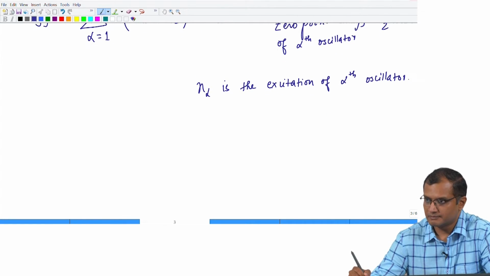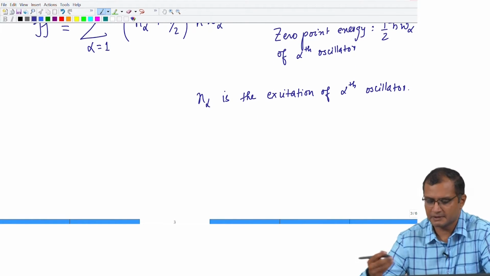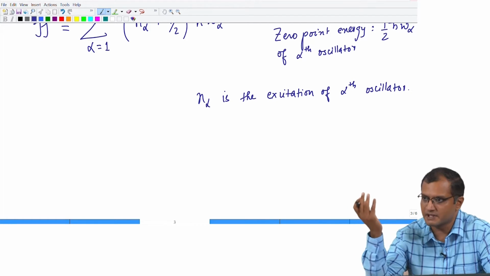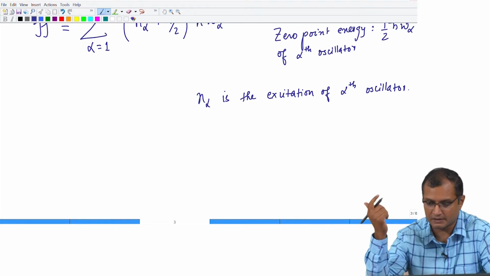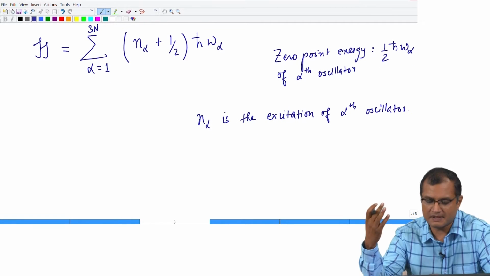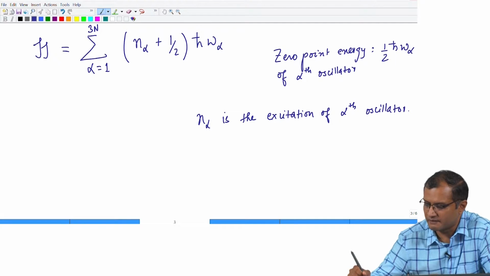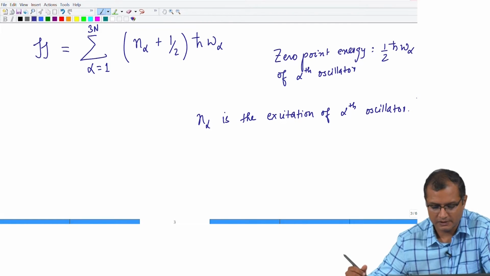Frequencies are not necessarily the same. So, in this discussion we allow different frequencies for each oscillator, and n alpha simply represents the excitation of an oscillator having a fundamental frequency omega alpha, right.